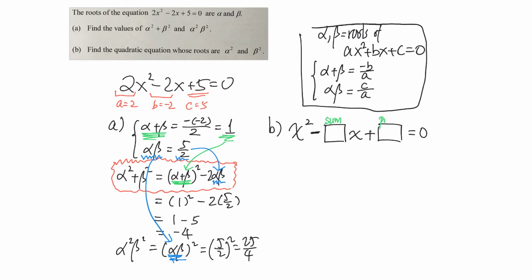The last number you need to fill in is the product. So just remember this format, then you can get the answer easily. But be careful, here you need to write the x, and here you need to write equals 0.